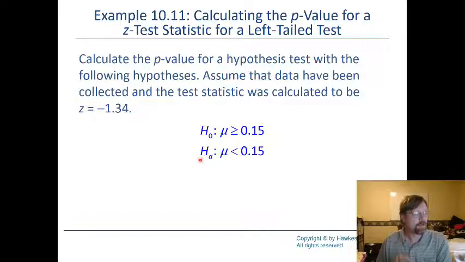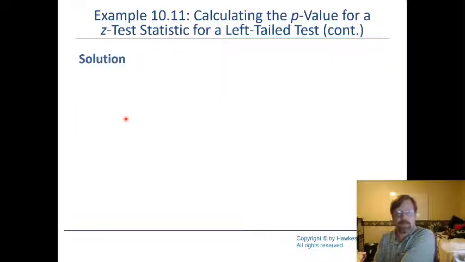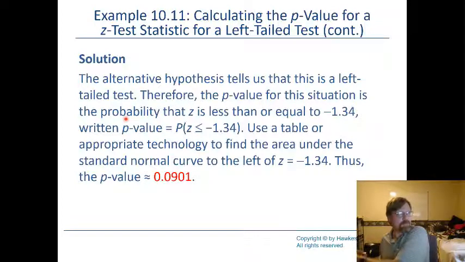Alternative hypothesis is that the mean is less than 0.15. I'm not given the significance level, so we cannot draw a conclusion based on this, but we can come up with the probability associated with that z value. So just go ahead and take a minute and do that, and unpause it when you're ready.